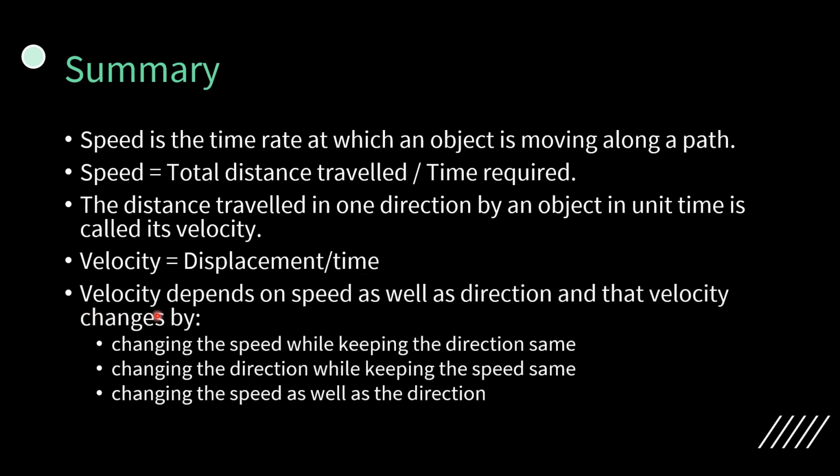The velocity depends on speed as well as direction. So it changes while changing the speed while keeping direction same, while changing the direction while keeping the speed same, and also velocity changes by changing both speed as well as direction.